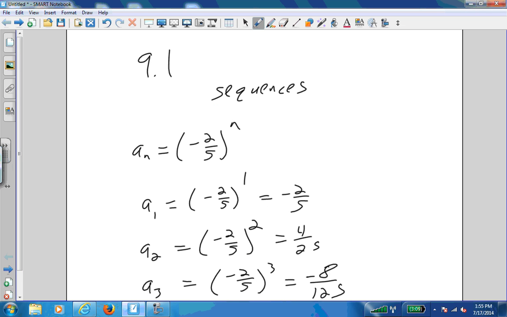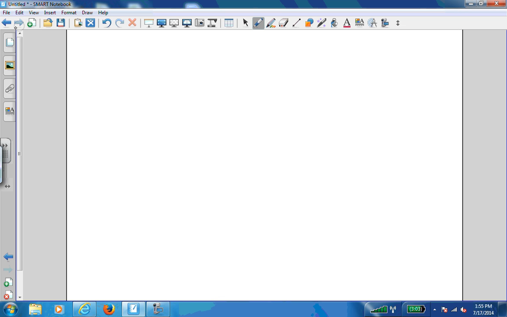This is a different way of using a formula to describe a sequence. In some of the problems you'll be given a sequence of numbers, and you'll be asked to find the next so many numbers in the sequence. So the key is determining how we get from one value in the sequence to the next.